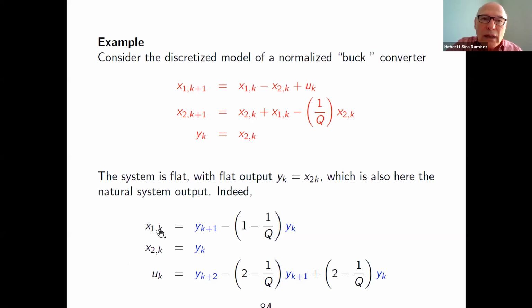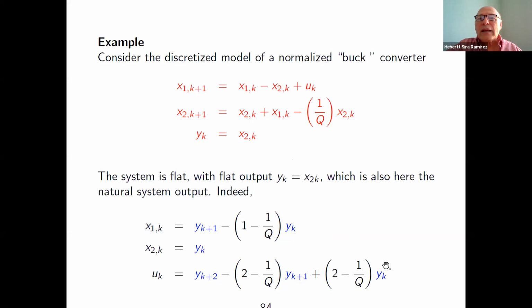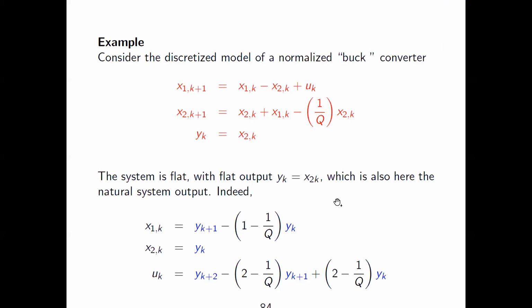You need the output y and a certain number of advances which don't go beyond the first advance in order to express the state in terms of y. And u requires two advances, though, so that conforms to the definition we have here. Is this now clear with this simple example? Yes. Go ahead. Thank you. Okay, I take that as a yes.